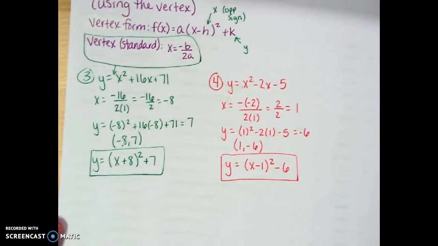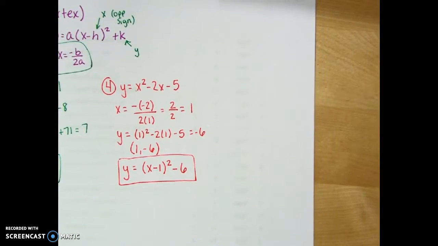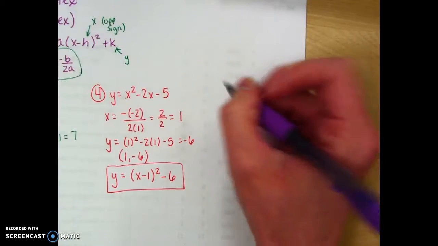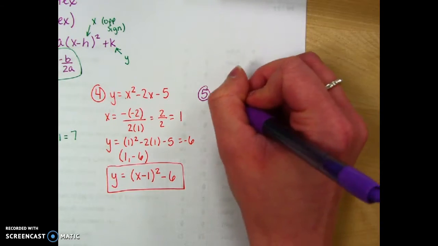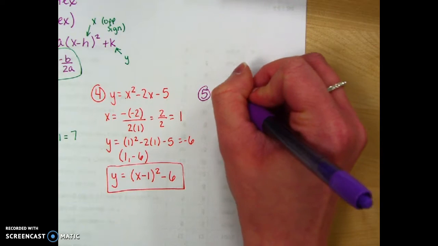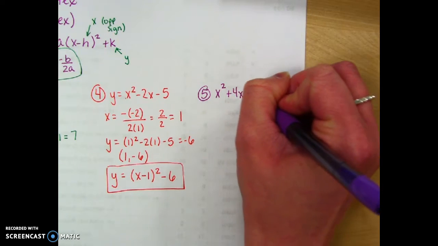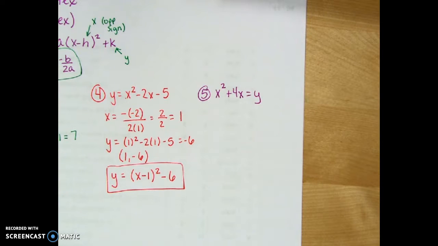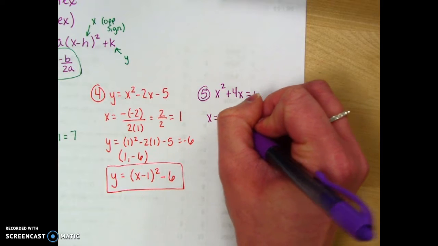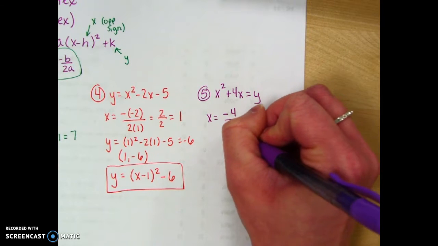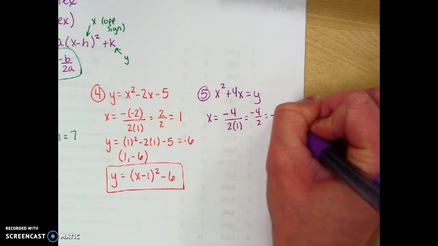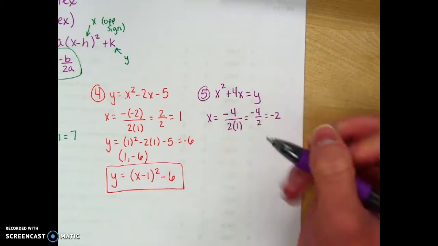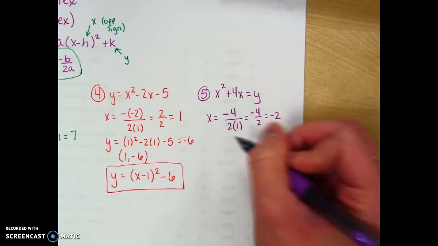Okay, let's look at number 5. I can probably fit it here. Number 5. This is x squared plus 4x equals y. Okay, find my vertex. X equals negative b, so that's negative 4 over 2 times a, which is 1. Negative 4 over 2 equals negative 2. I'm going to flip the equation and put the y at the beginning.